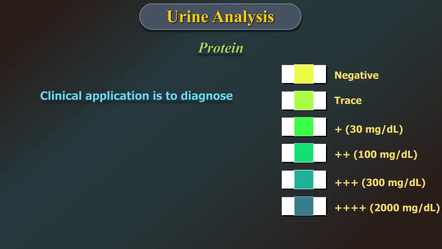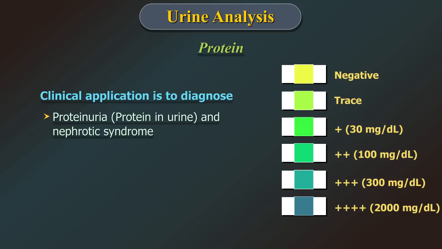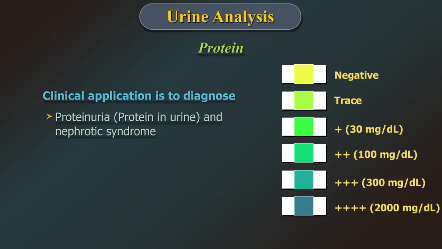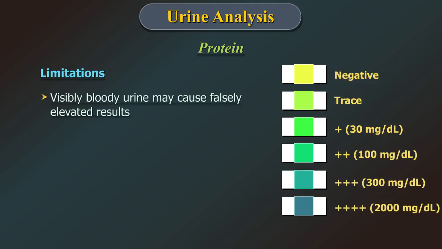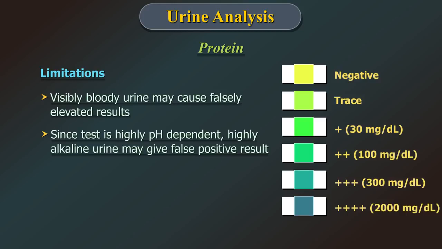The clinical application is to diagnose proteinuria and nephrotic syndrome. The limitations being, visibly bloody urine may cause falsely elevated results. Since test is highly pH dependent, highly alkaline urine may give false positive result.